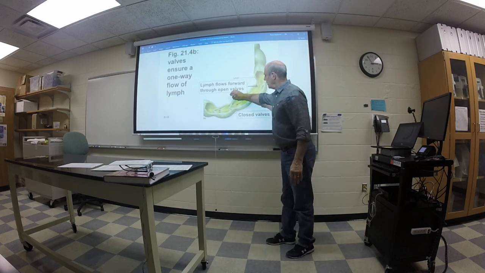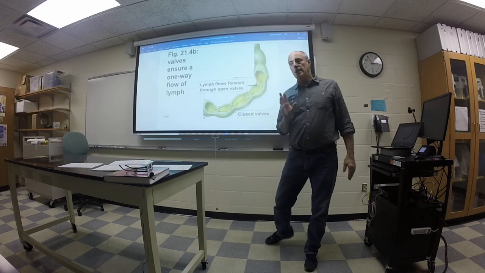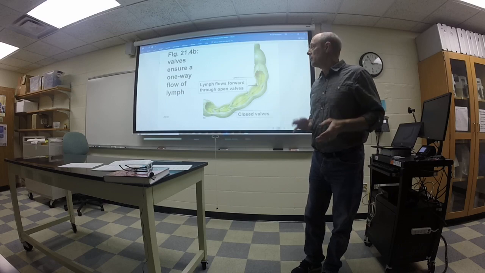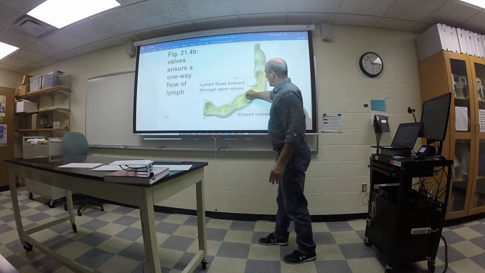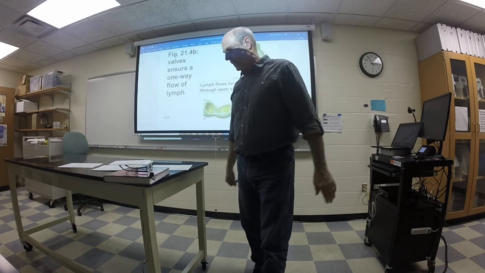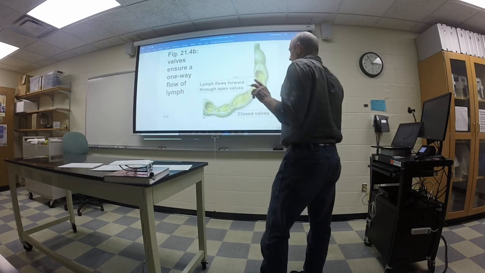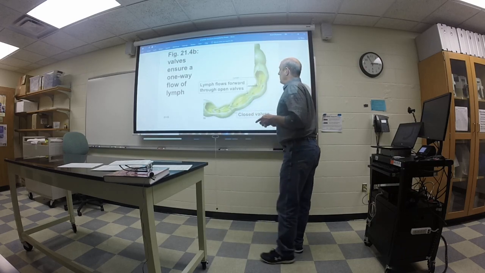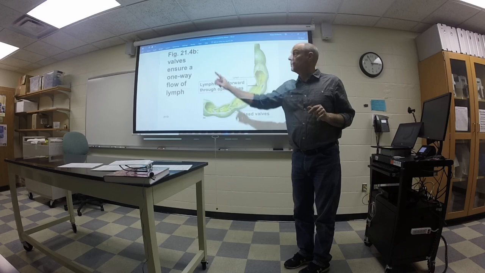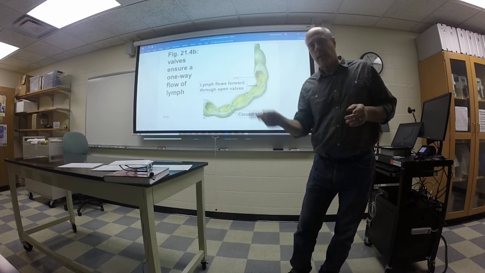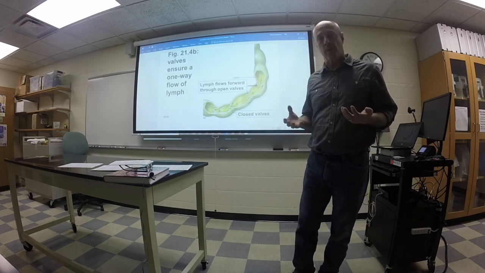So thin-walled with valves, dependent on skeletal muscle, so you've got to move those muscles. That's why it's important to move. Squeezing on the walls here, pushing that lymph through, just like veins. The difference here is that, well, A, there's not blood in there, but B, this is a one-way system. In other words, there's not a circuit like we have with the circulatory system.